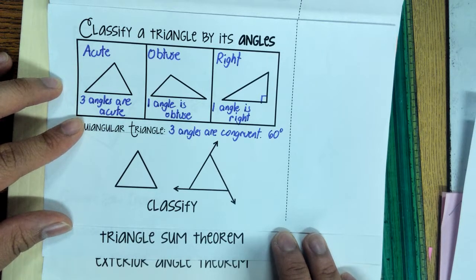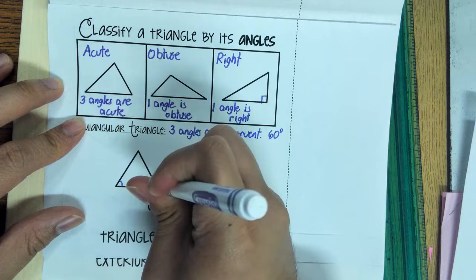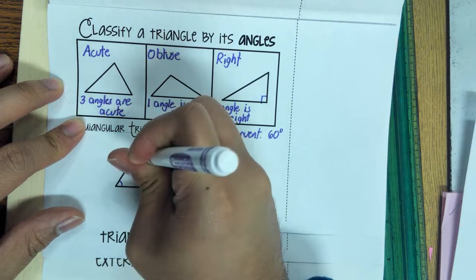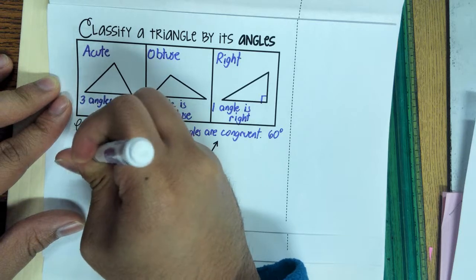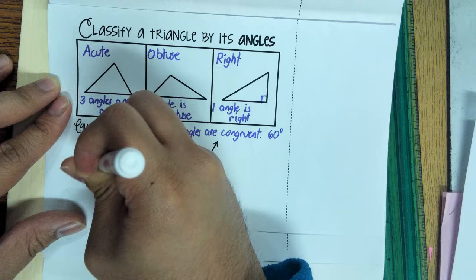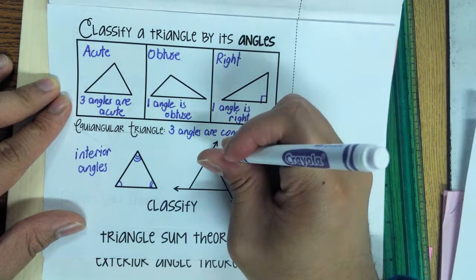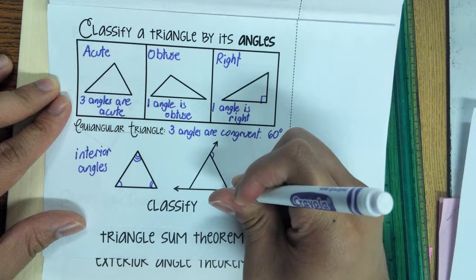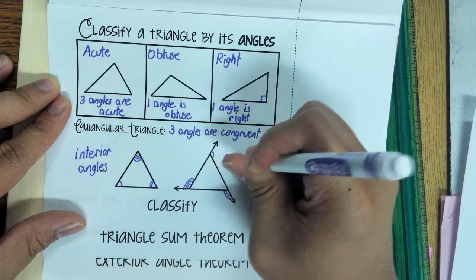Then we can look at parts of our triangle. The angles inside are called my interior angles. And the angles outside are called my exterior angles.